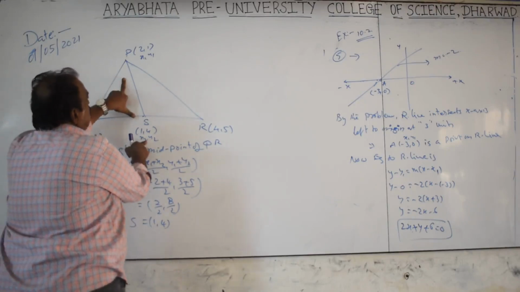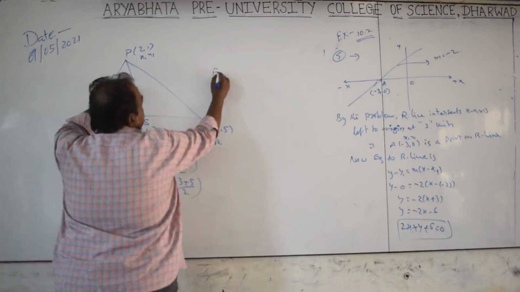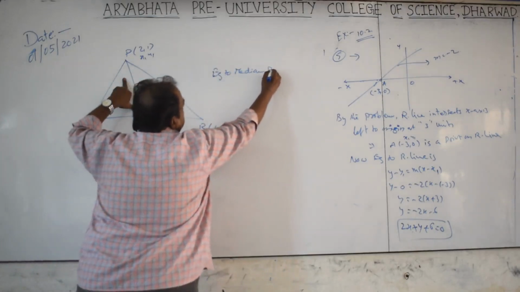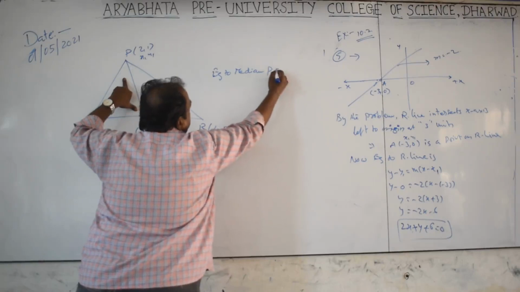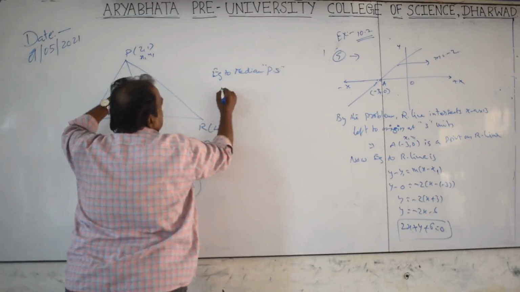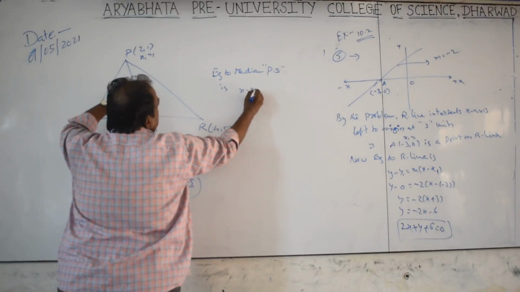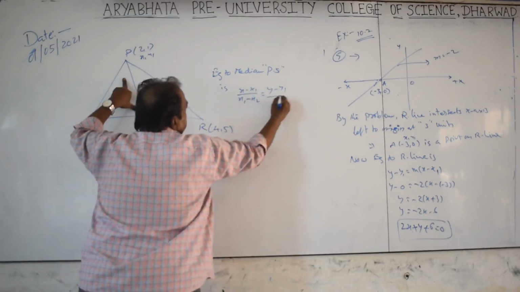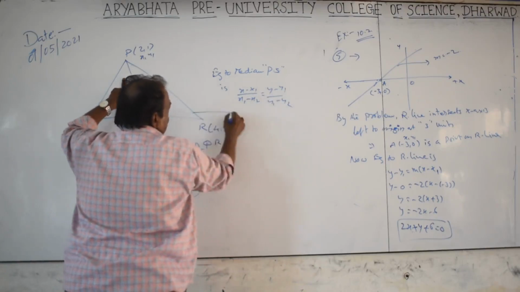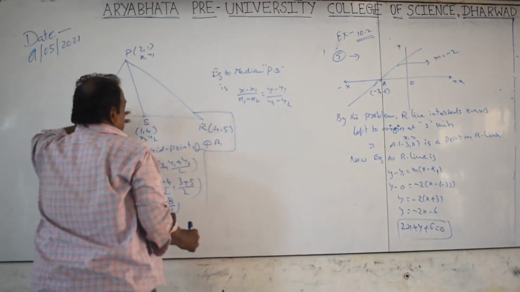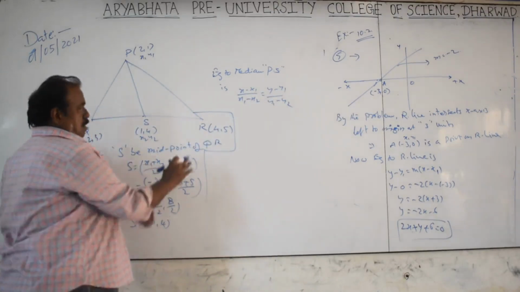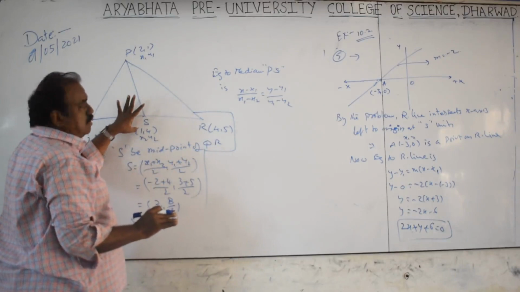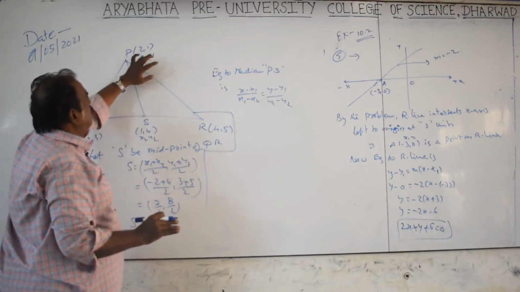Now I am taking the equation of the median PS. It is the median PS, passing through 2 points. Okay, now y minus y1 by y1 minus y2. Here is a different one. After finding S, P and S are x1, y1, x2, y2.